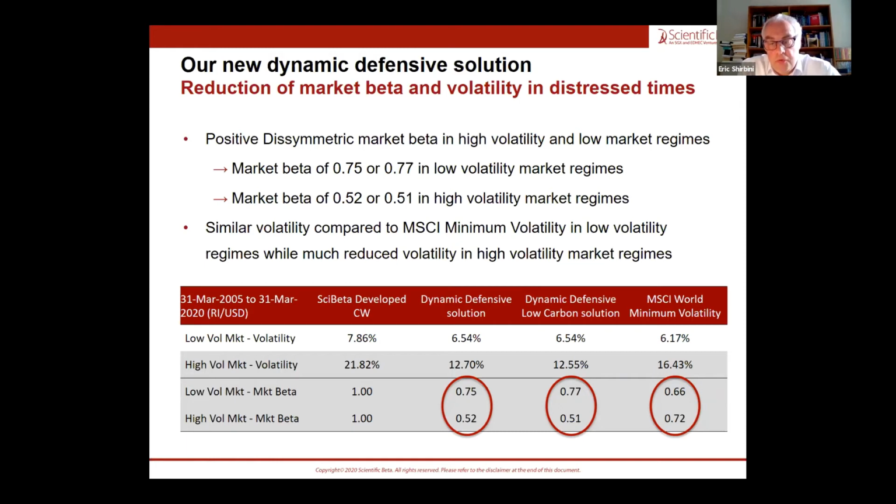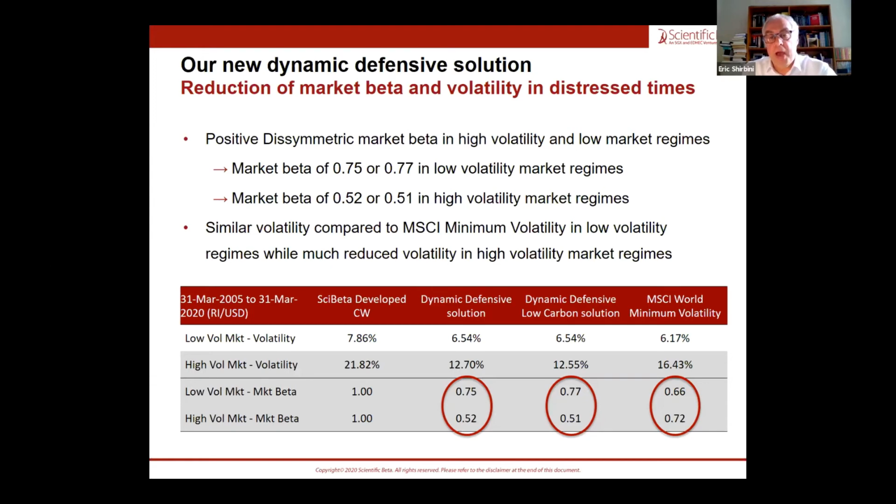You can see that on the far right-hand side, for a strategy like the MSCI minimum volatility, what actually happens during a market crisis is the market beta of the strategy increases. Yes, it still stays below 1, but it actually increases compared to the market beta in a low volatility market condition. And this is why you're still exposed to a lot of downside risk in traditional defensive strategies.